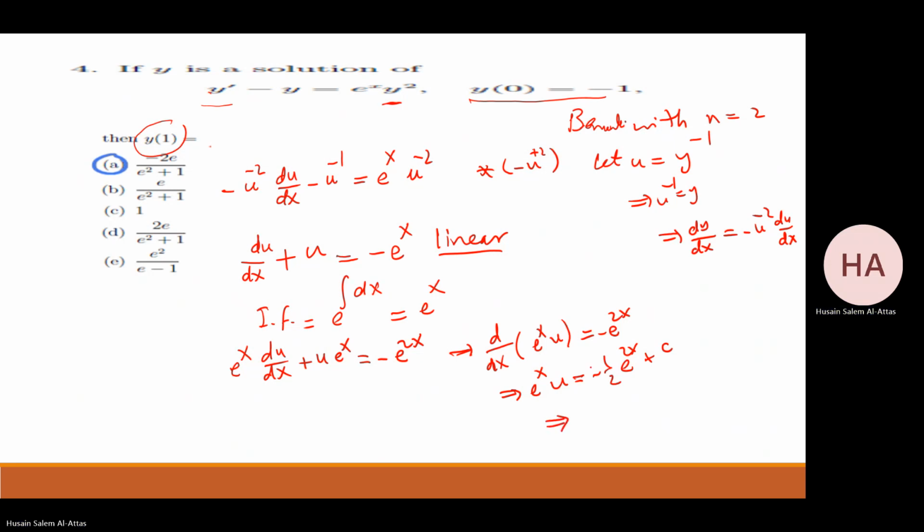So u, which is y to the minus 1, will be equal to minus half. I multiply by e to the minus x, and I wrote u as y to the power minus 1. What do I have? e to the power x plus c e to the minus x. So y is 1 over this.